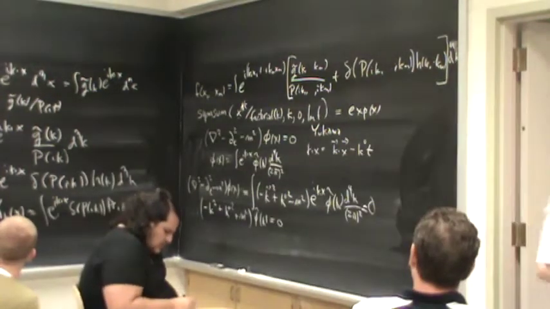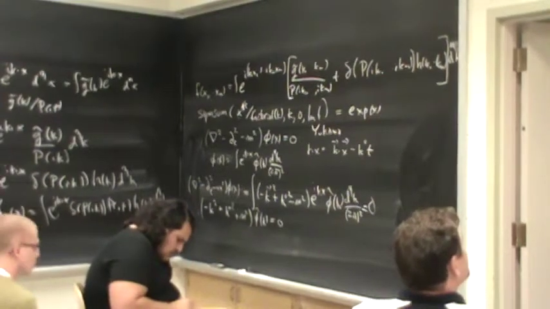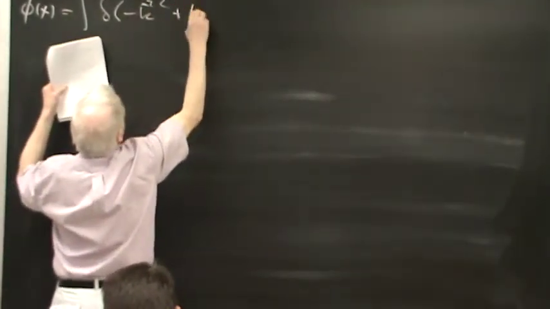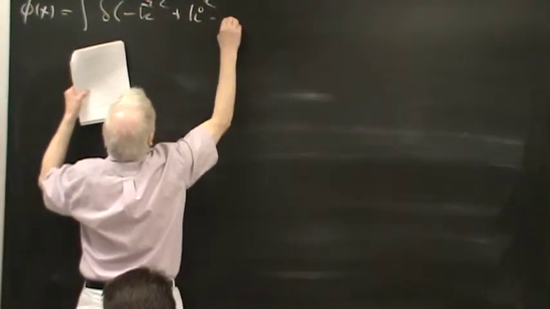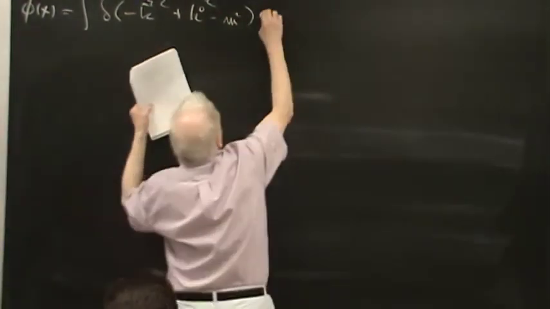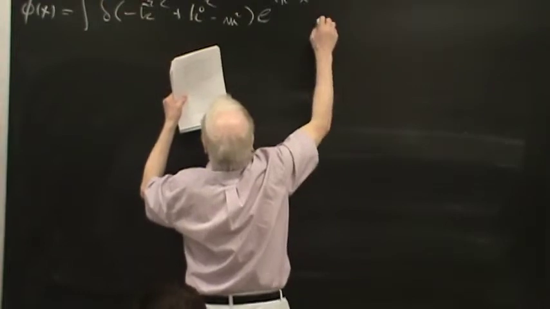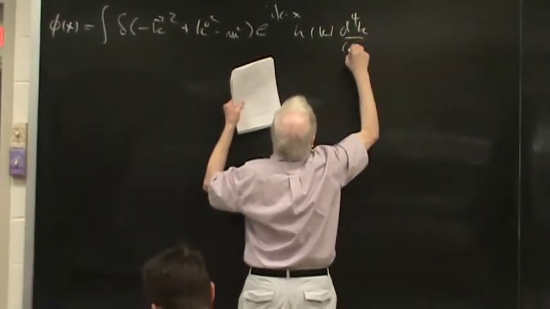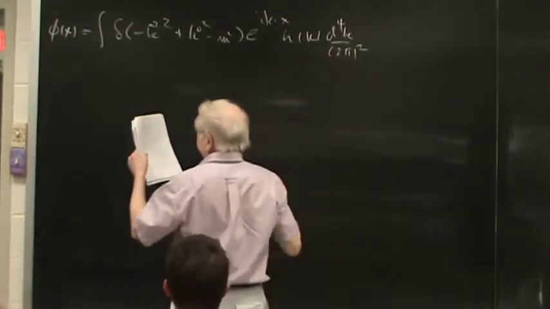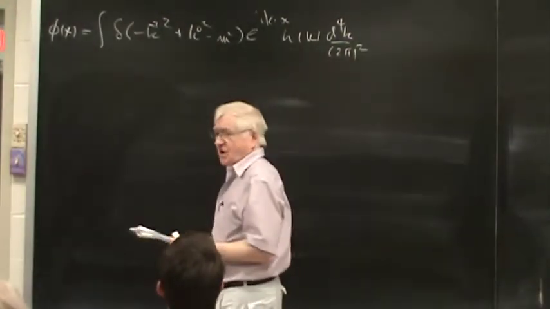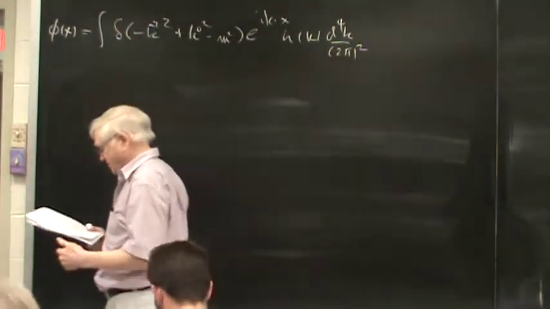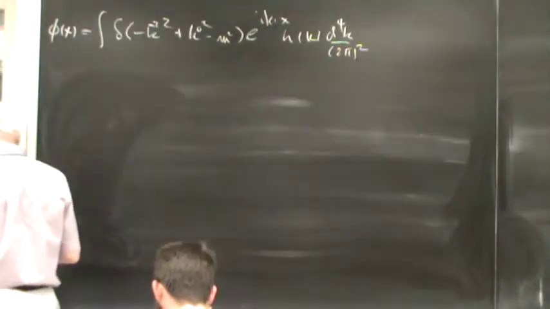And so then you would say that phi of x is an integral of delta of minus k vector squared plus k0 squared minus m squared, e to the i k dot x, h of k, d^4k over (2π)^2. Now h is arbitrary.